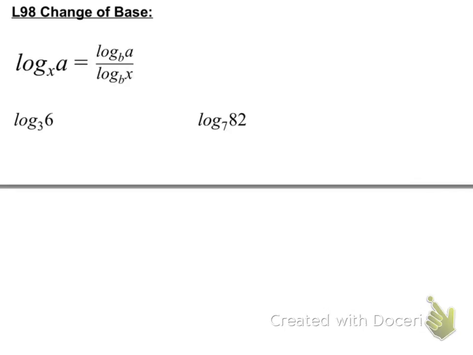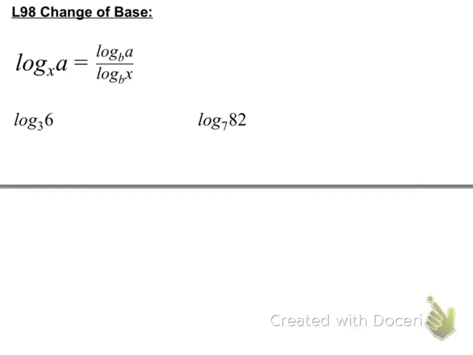It works, guys. I can change it from a log base 3 to a log base 8 if I wanted to, or a log base 15. But here's the thing. My calculator only has two bases, yes? It's 10 or e.